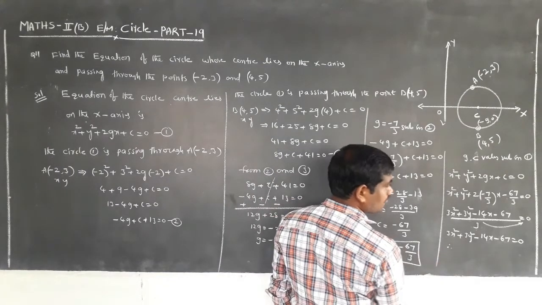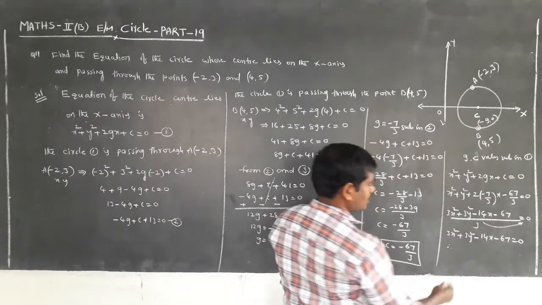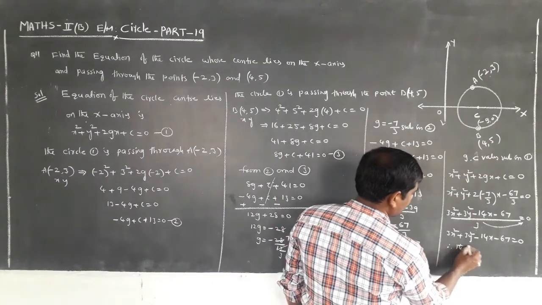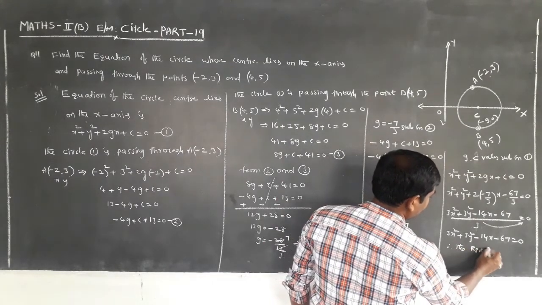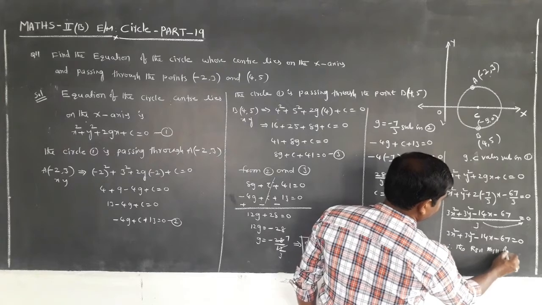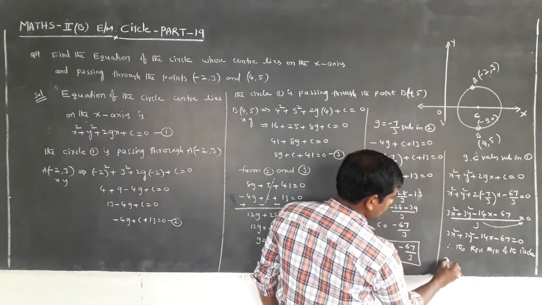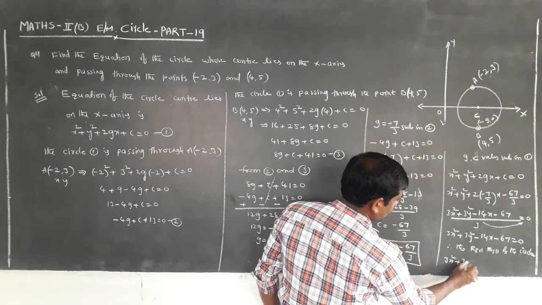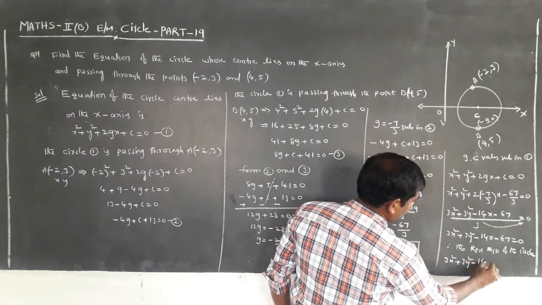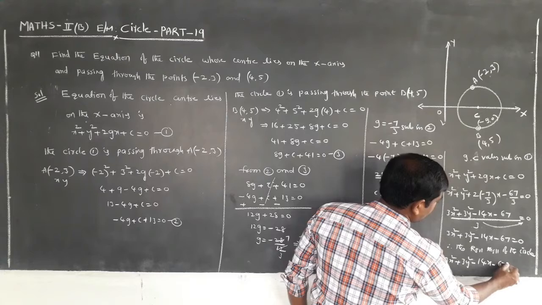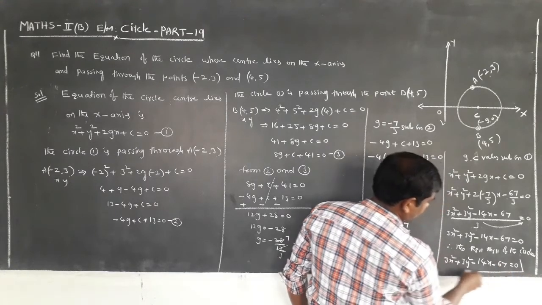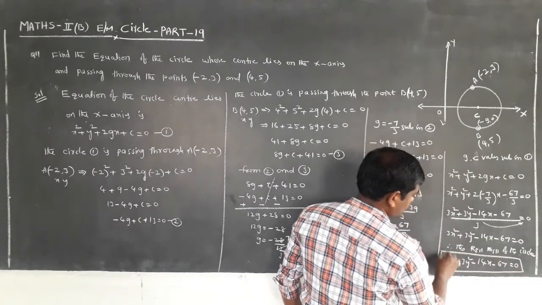Therefore, the required equation of the circle is 3x square plus 3y square minus 14x minus 67 is equal to 0.